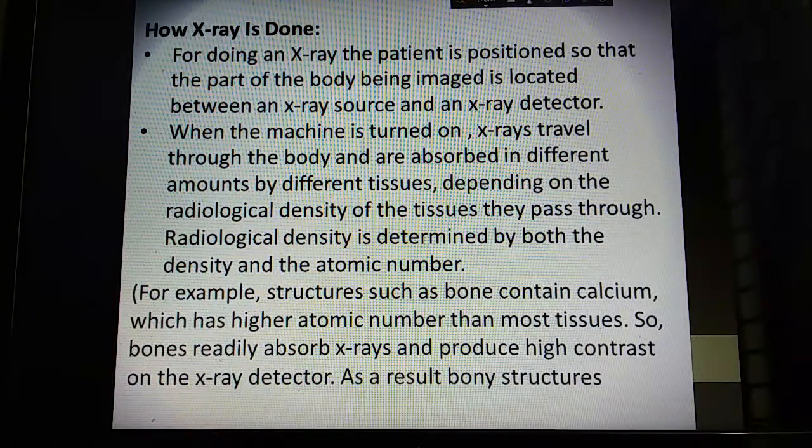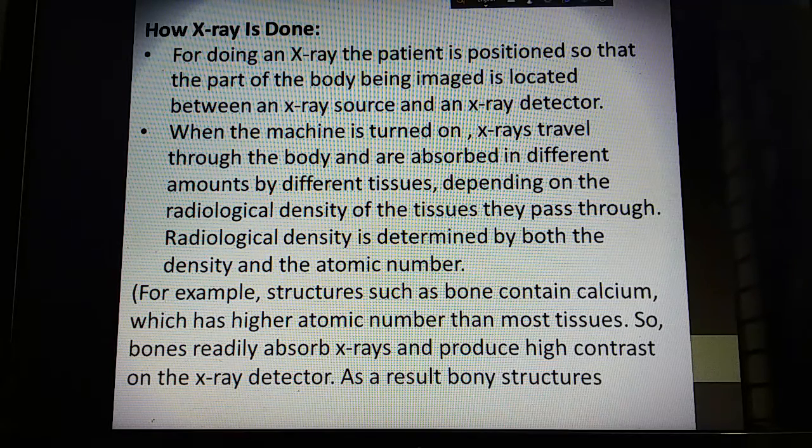Next, we will try to learn how an X-ray is done. That means when a patient is recommended for an X-ray diagnosis, in which way this X-ray is done. For doing an X-ray, the patient is positioned so that the part of the body being imaged, that means the part of the body that has to be examined, is located between an X-ray source and an X-ray detector.